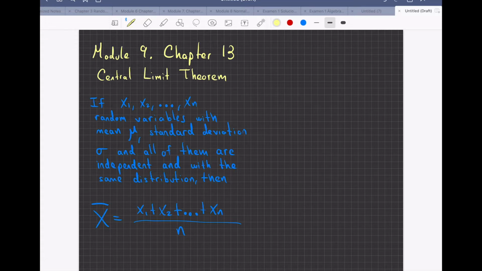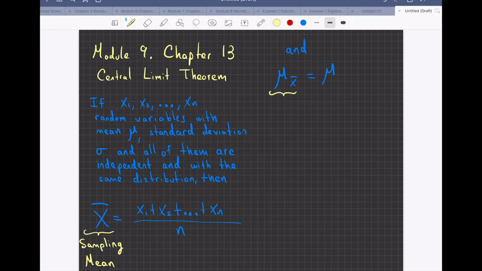This new random variable is called the sampling mean. Its mean is equal to mu.